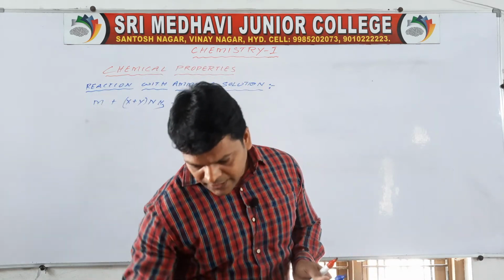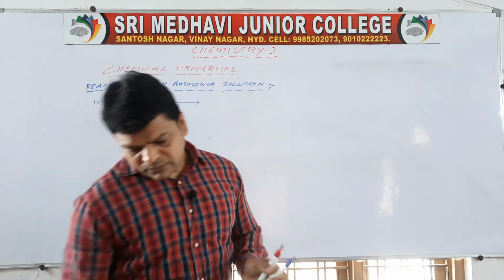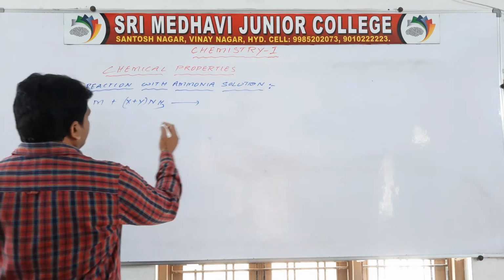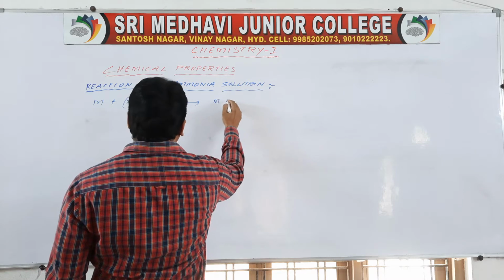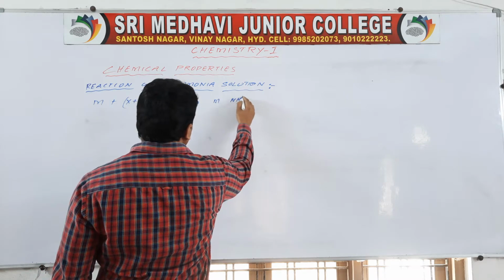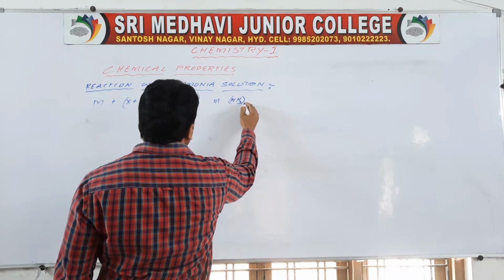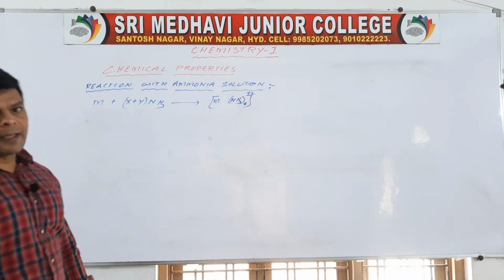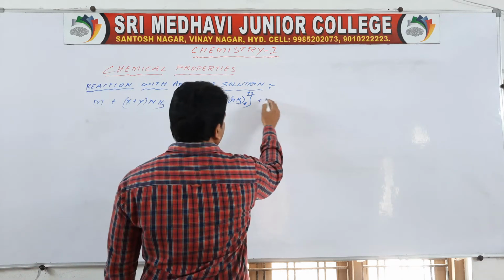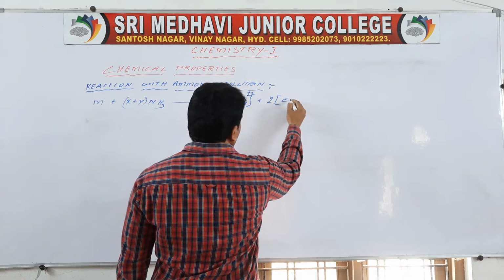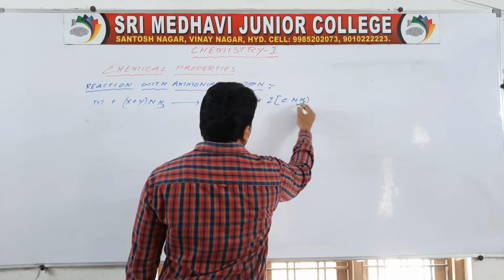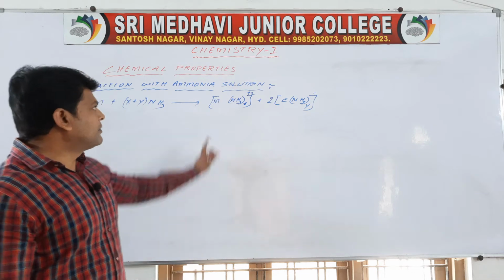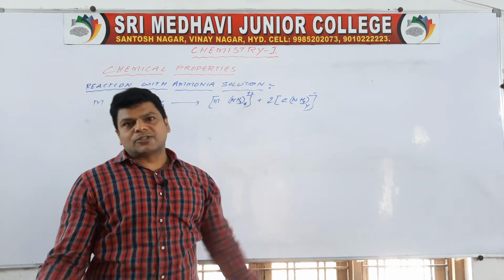See here, deep blue black colored solution. NH3 taken, x plus 2 ions are formed, plus 2 NH3 taken, y minus ions are formed. It loses 2 electrons, it gains 2 electrons.